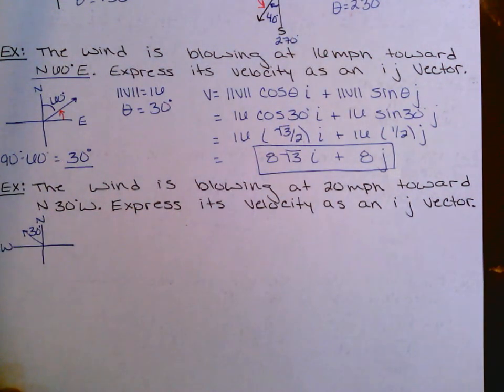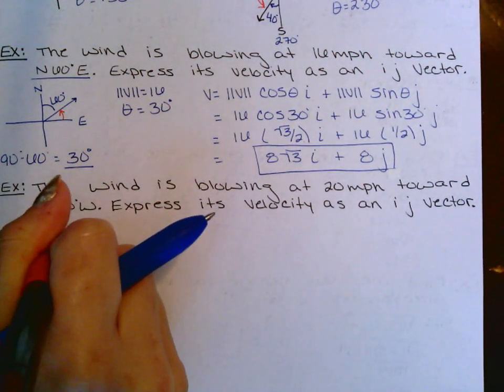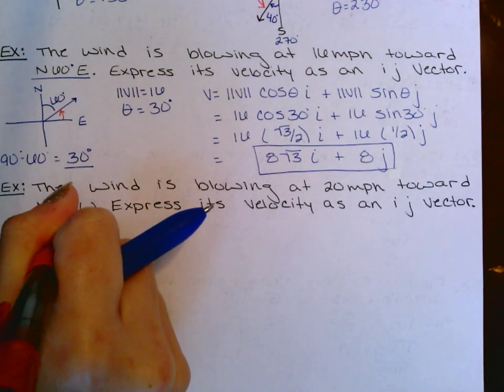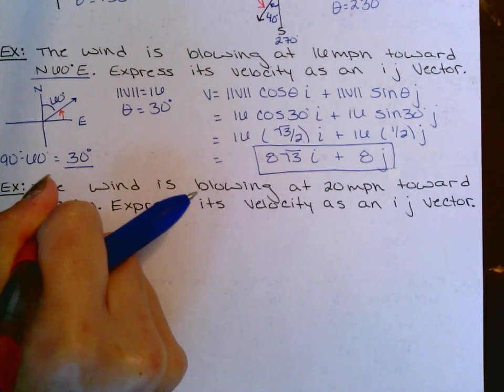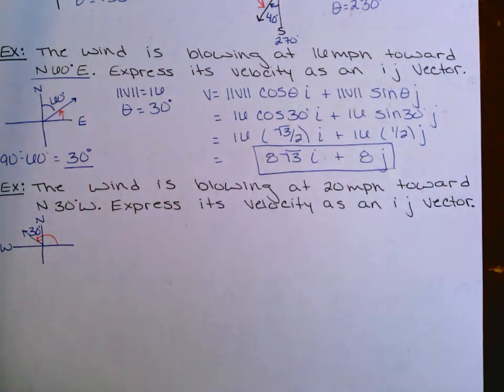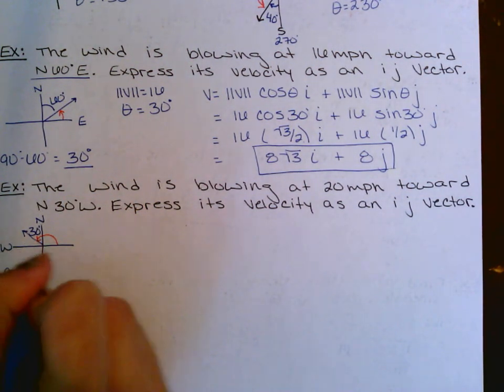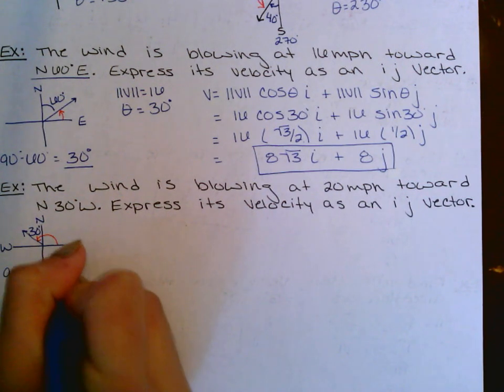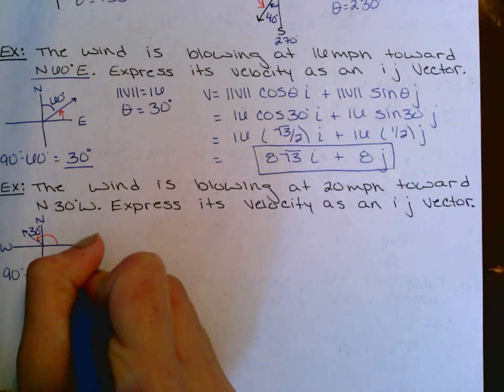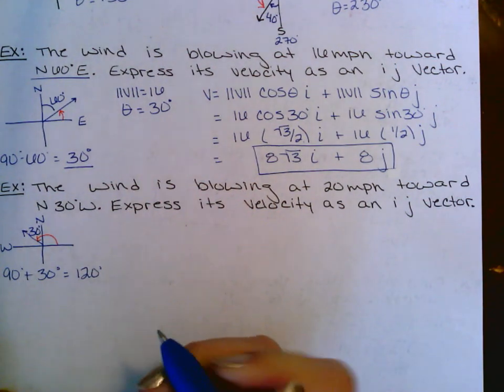Okay, so the angle that I want is from standard position, meaning from the origin, over to that point. So that means I'm going to say 90 plus 30, which gives me 120 degrees.